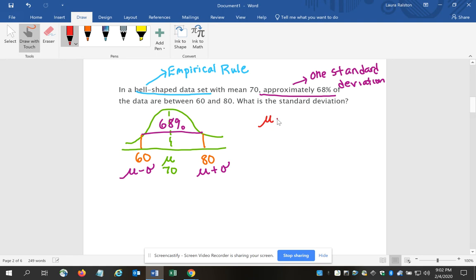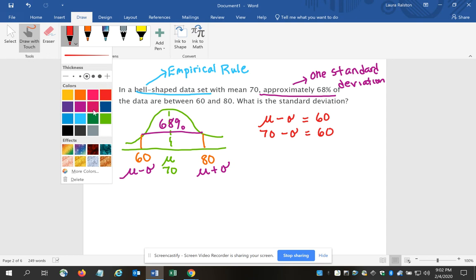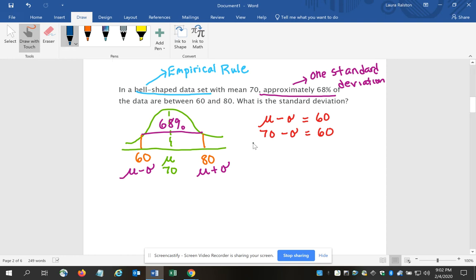So I have the mean minus the standard deviation is going to equal 60. But I know that the mean is 70 because that's given to me in the problem. So I have 70 minus the standard deviation is equal to 60. I'm going to solve that equation, good old basic math, for sigma, or the standard deviation.